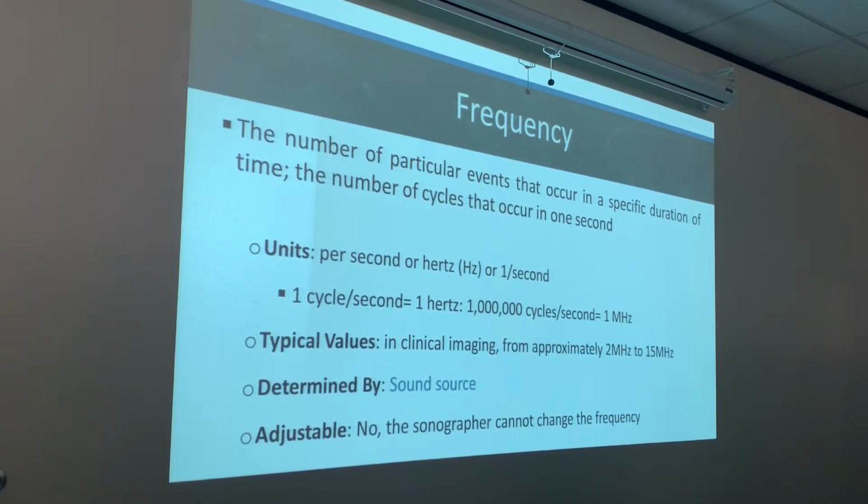So every cycle per second will be 1 hertz. Kilohertz is 1,000. 1 million cycles per second would be 1 megahertz.